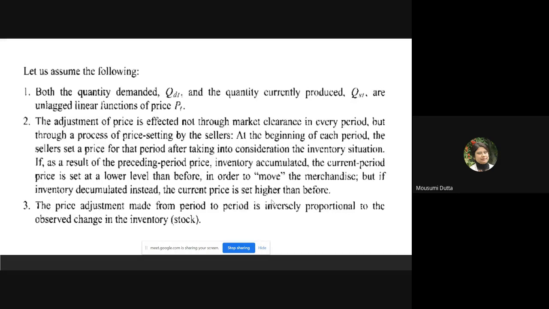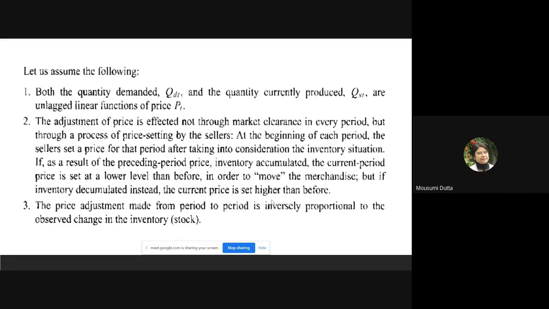If, as a result of the preceding period price, inventory accumulated, price was high, and therefore there was insufficient demand for the commodity, the current period price is set at a lower level than before in order to move the merchandise. But if inventory decumulated instead, the current price is set higher than before.